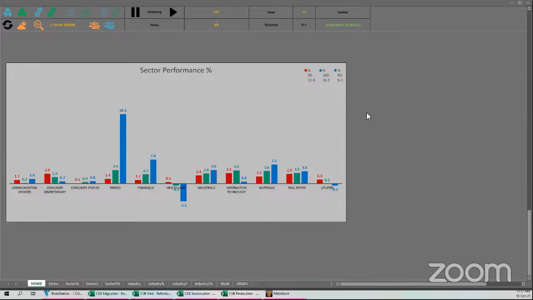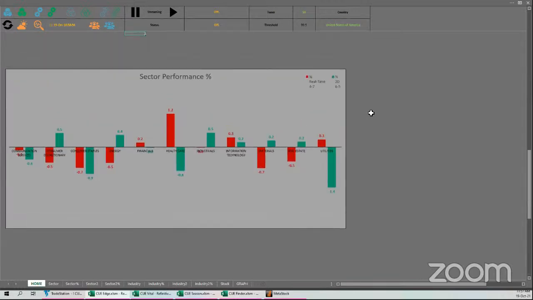So the more you look at the sector performance graphs across different periods, you will be able to anticipate a sector move and get into a stock in that sector, I think well ahead of others.